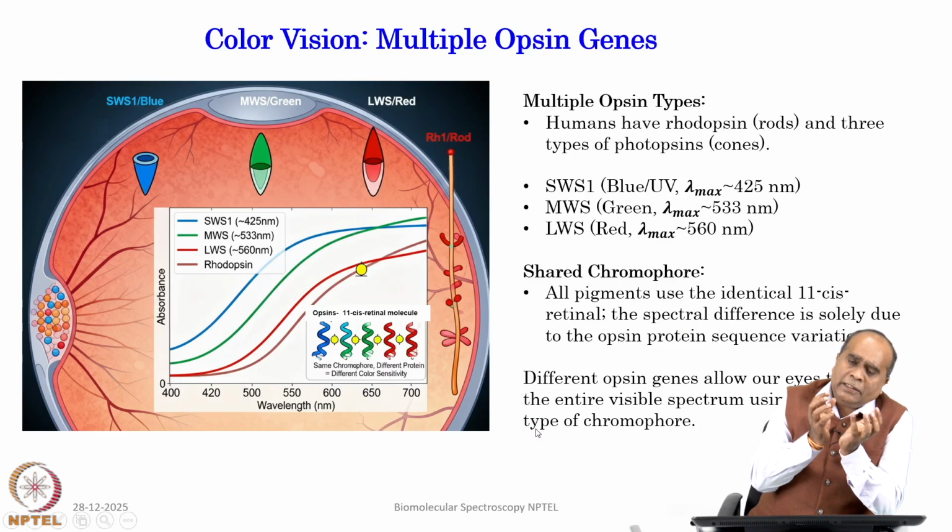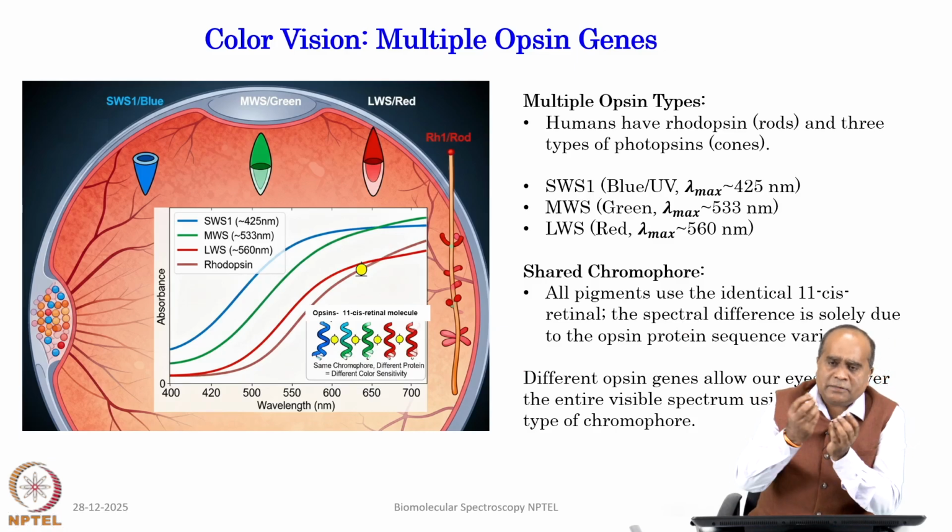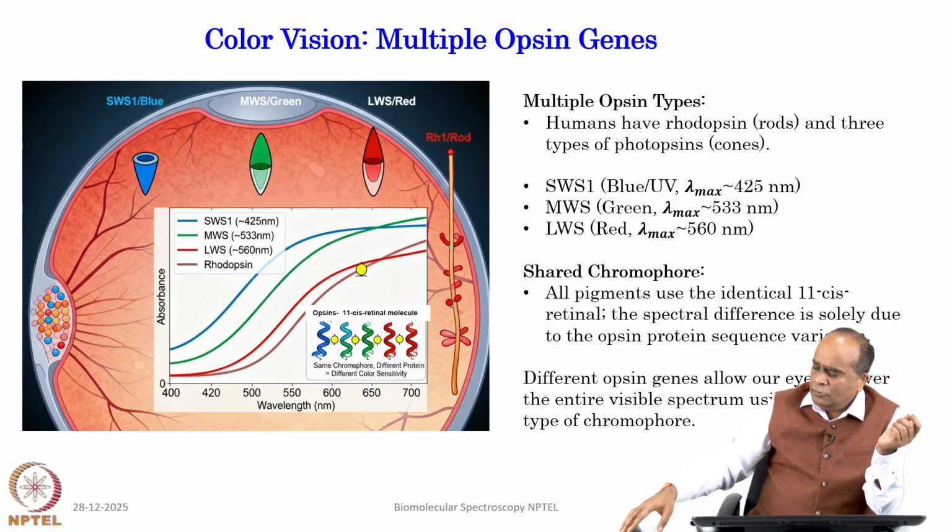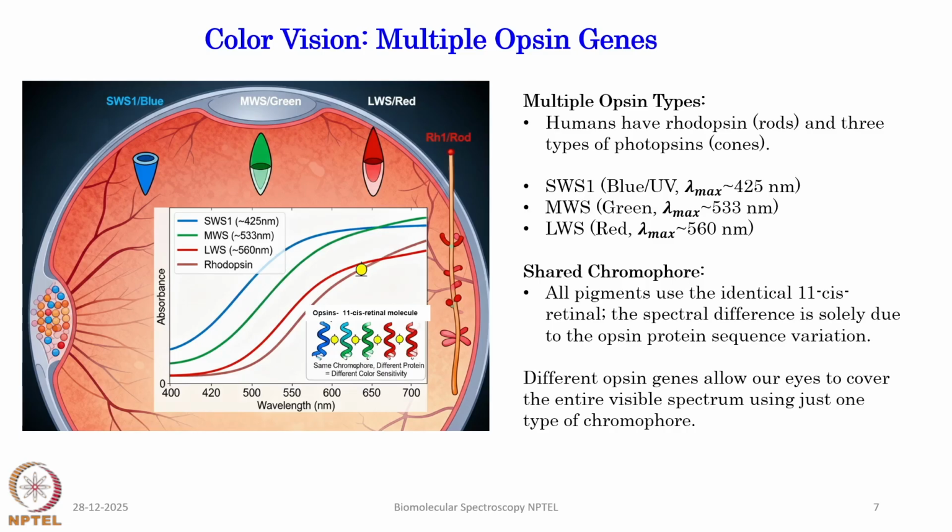So, the local environment around this chromophore tunes what kind of absorption they will have, and these 3 proteins we talked about allow our eye to cover the entire visible spectrum using just one type of chromophore.